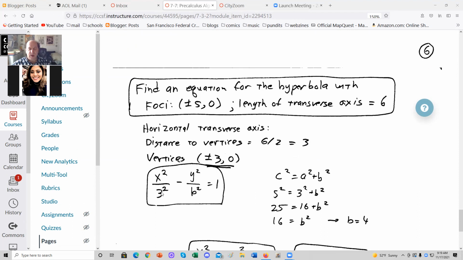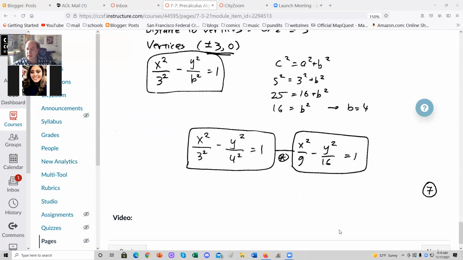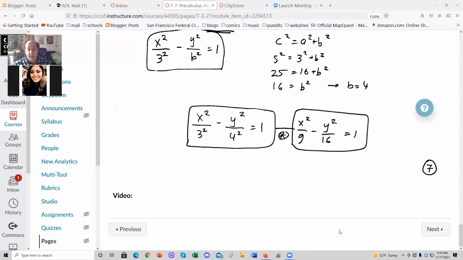So x squared over 3 squared minus y squared over b squared equals 1. Now to find b. c squared equals a squared plus b squared. c is 5. 5 squared equals 3 squared plus b squared. After a bit of arithmetic, b is 4. 3, 4, 5 triangle. b squared is 16. So x squared over 3 squared minus y squared over 4 squared equals 1. Or in other words, x squared over 9 minus y squared over 16 equals 1. And those are the equations. Okay.